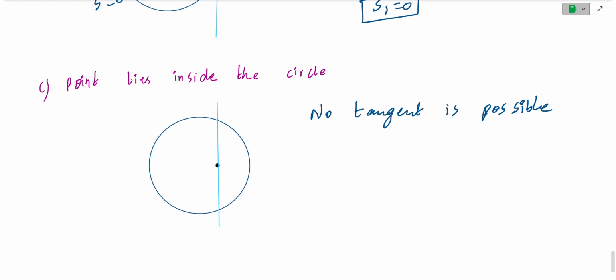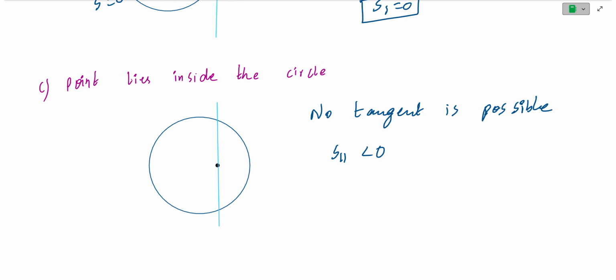We have to find the S11 value. It will be less than 0 for a point inside the circle. So if S11 is less than 0, we can say that there is no tangent possible to the given circle through the given point.